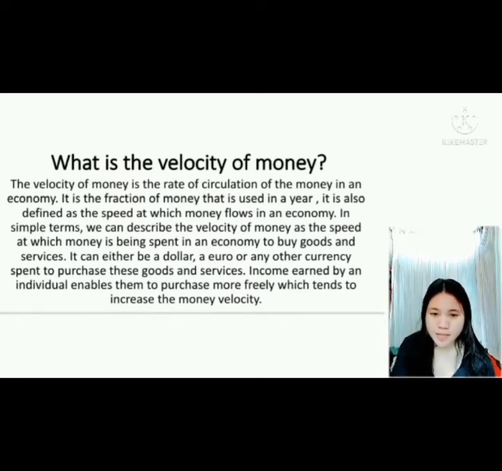It can be a dollar, a euro, or any other currency spent to purchase these goods and services. Income earned by an individual enables them to purchase more freely, which tends to increase the money velocity.